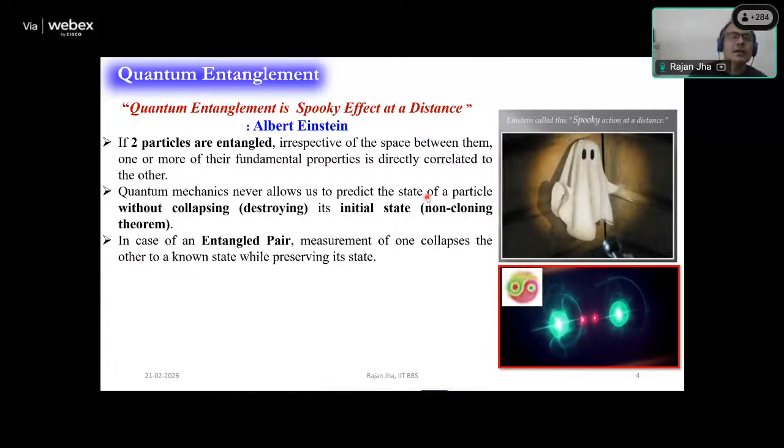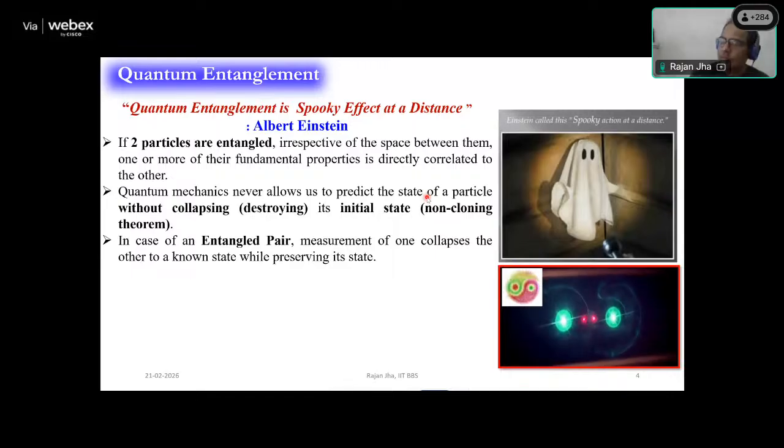His idea was that two particles which are entangled, irrespective of how far they are separated, are directly correlated. So entanglement is more or less like twins. Correlated means if you try to perturb one, the other will get perturbed.